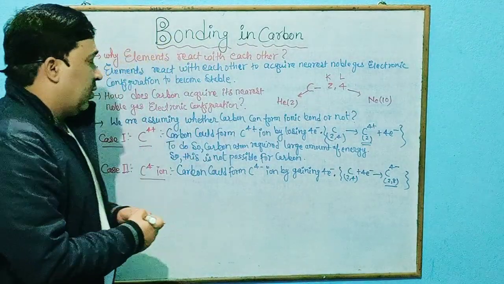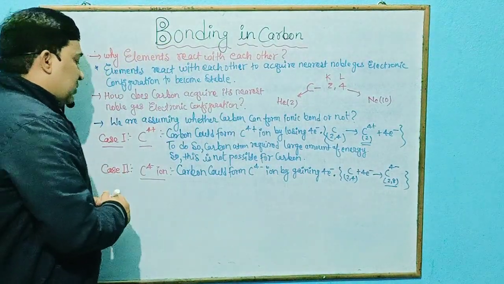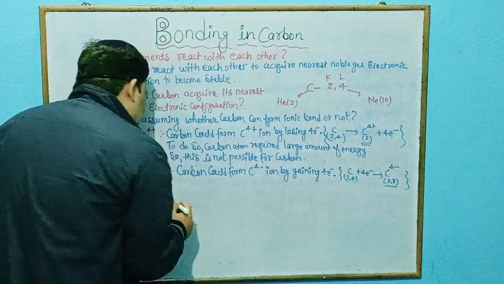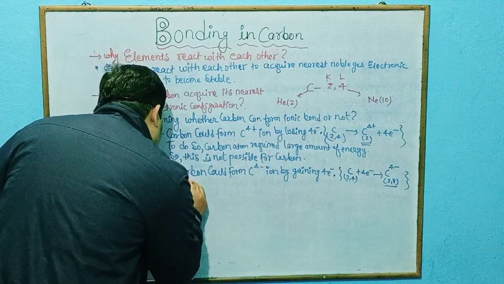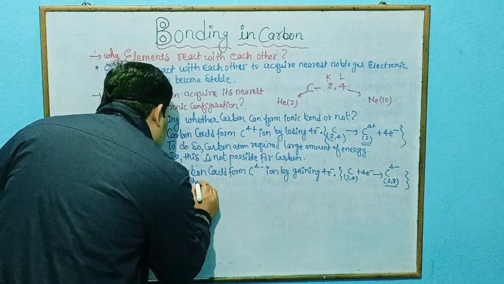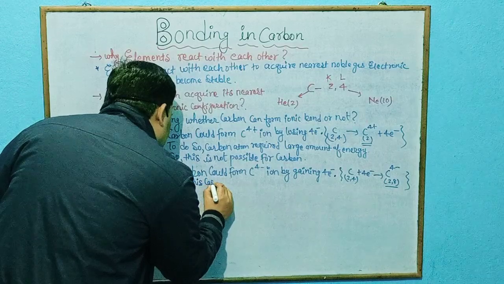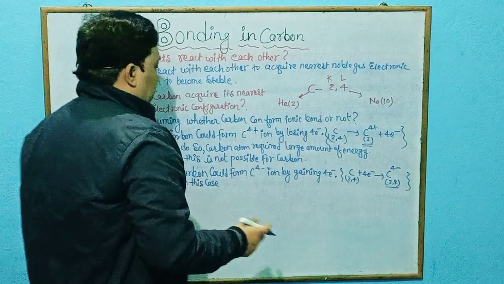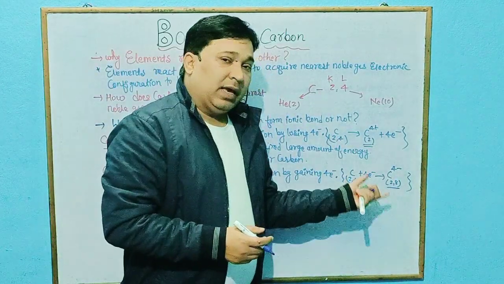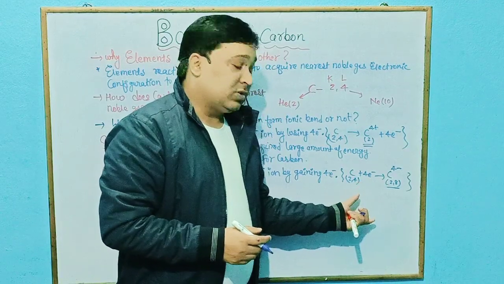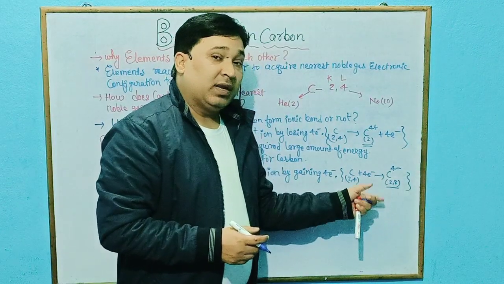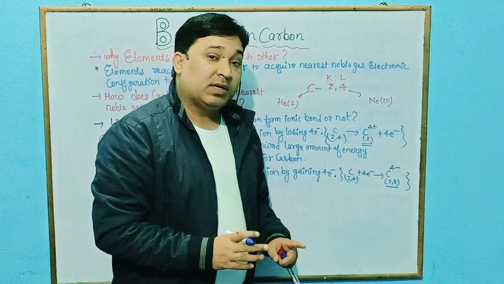But even in this case, after gaining 4 electrons, the number of electrons becomes 10, whereas the number of protons remains the same, that is 6 protons.